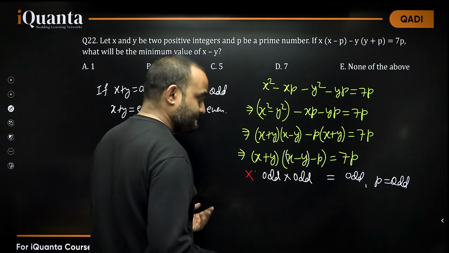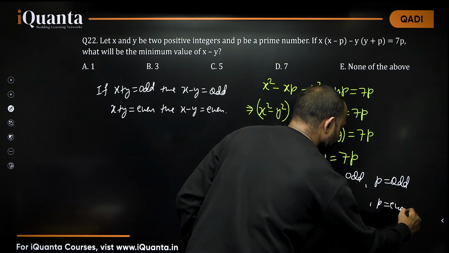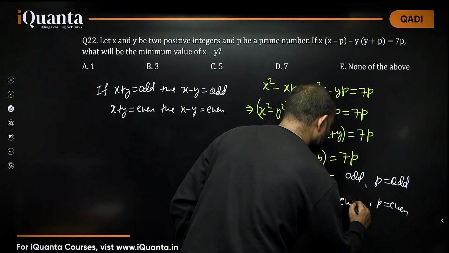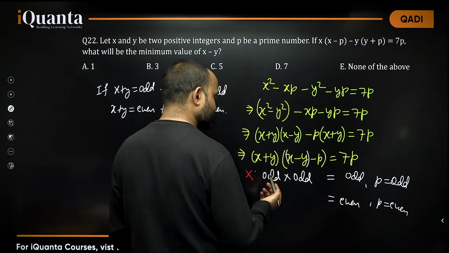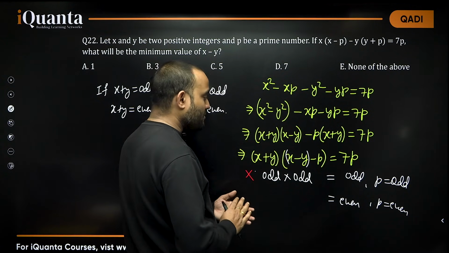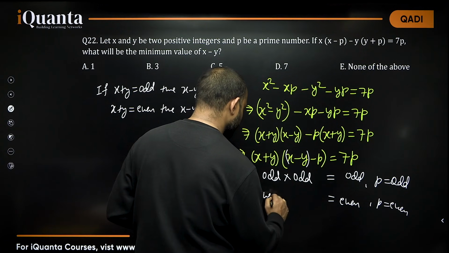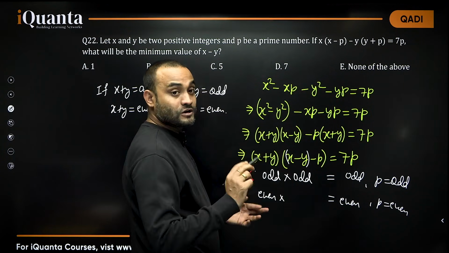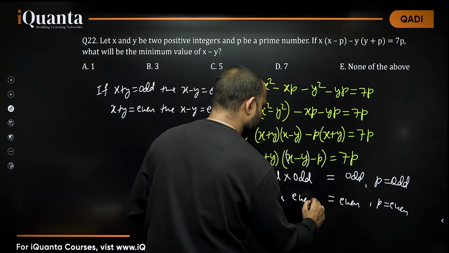And then again, if I take P as even, then what will happen? This number is even, right? And if this number is even, then it could be odd into even or even into odd. But we know that if X plus Y is even, then X minus Y will also be even, and minus P is also even, so this will be even.